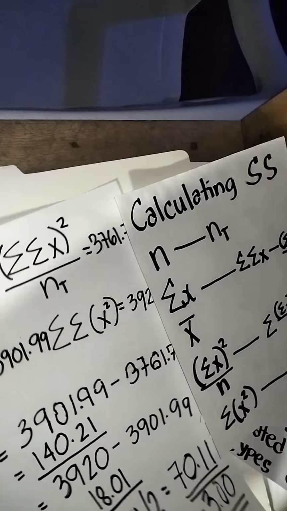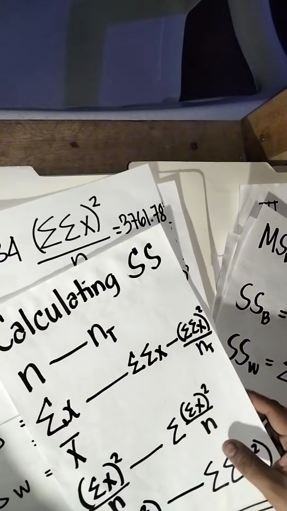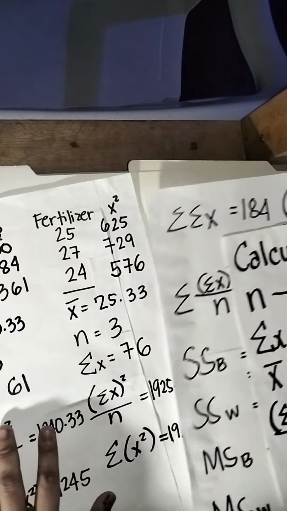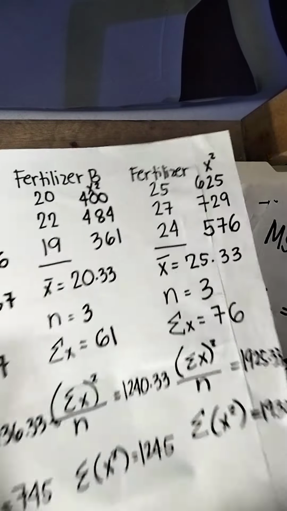Okay. So now, we have the data for our summation of x. How much is the summation of x? Our summation of x is three.